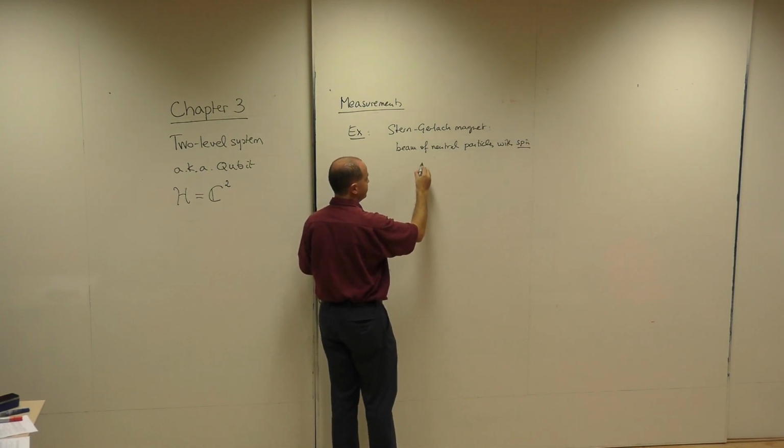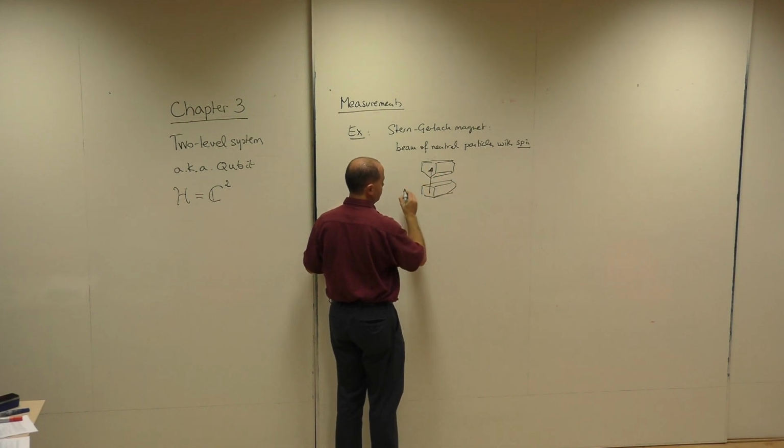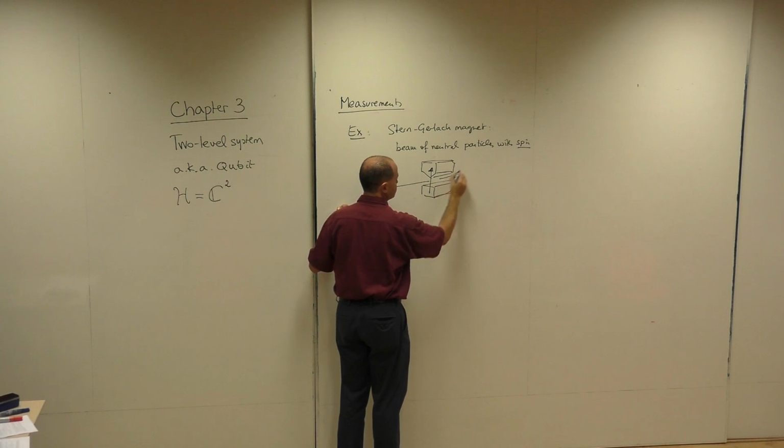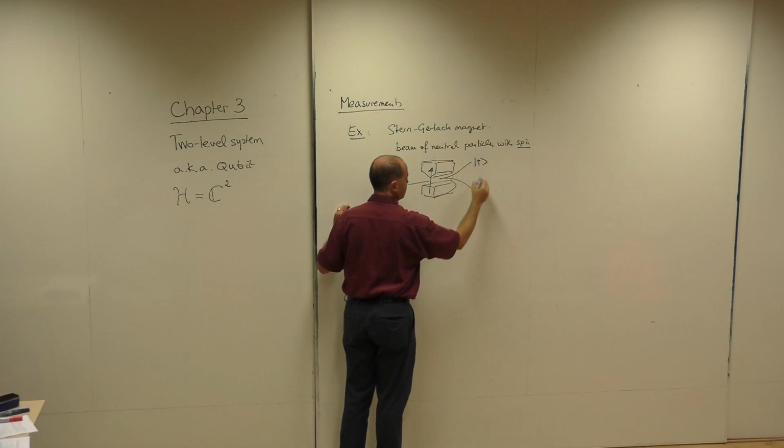This magnet has a gradient of magnetic field in this direction, usually represented something like this. The particles go in and are split up or down according to their spin.